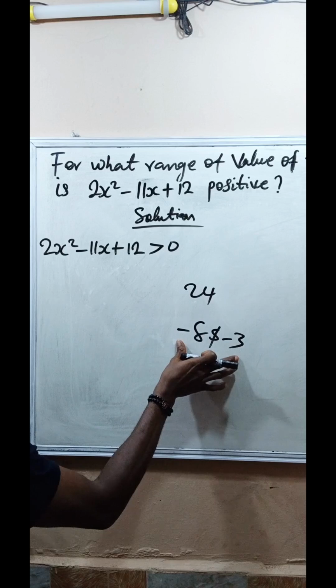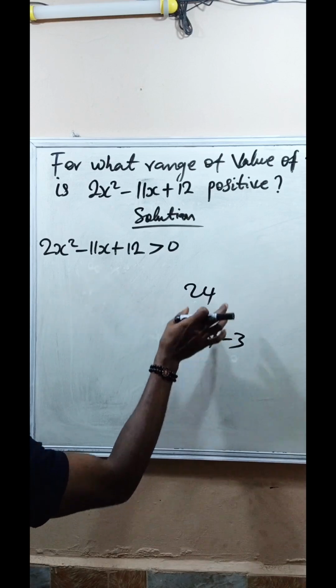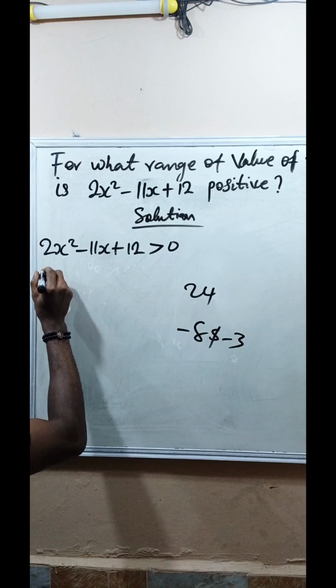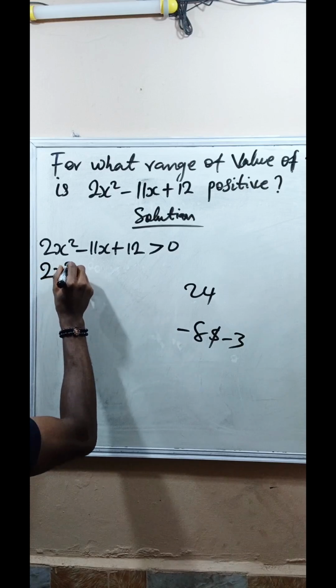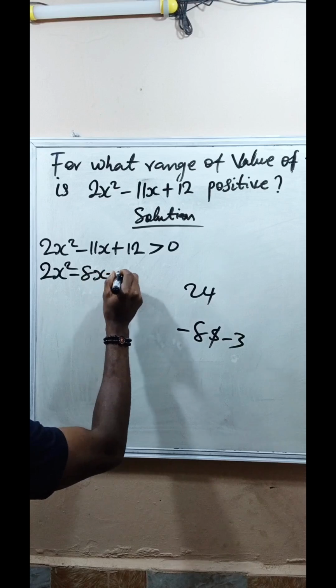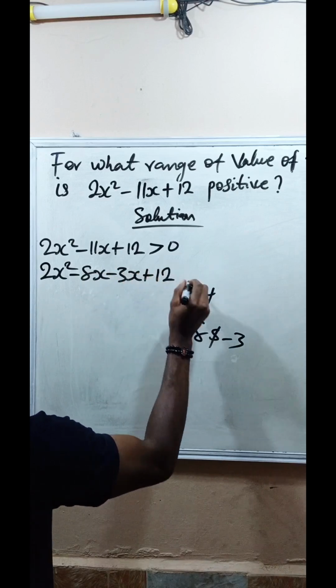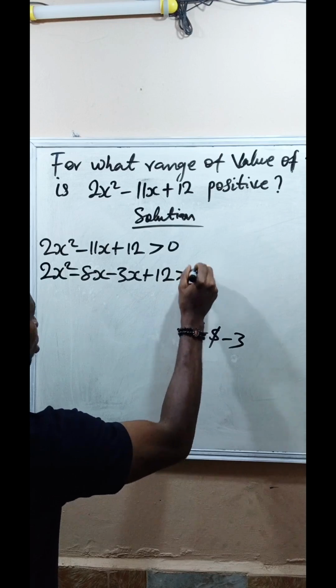If you add these two numbers, you get minus 11, and if you multiply them, you get 24. So here we have 2x squared minus 8x minus 3x plus 12 is greater than 0.